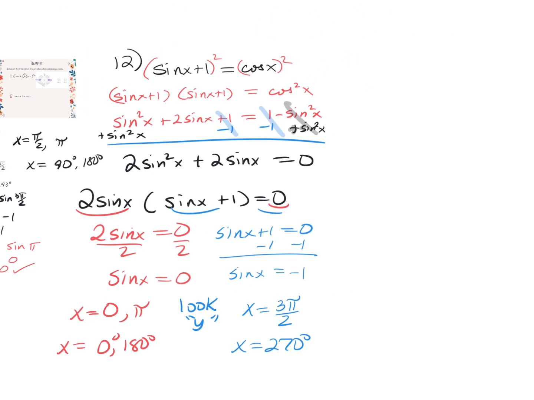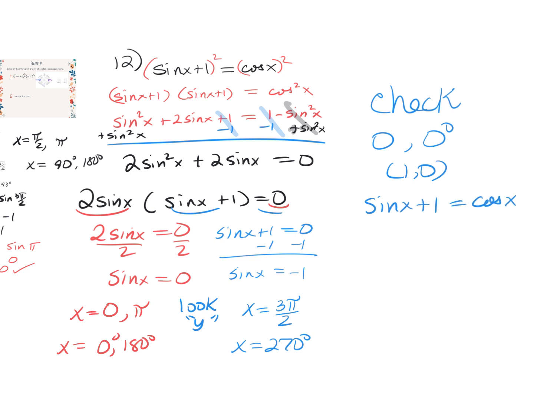So now my check, I'm going to first check the 0 degrees and the 0 radians. So remember that ordered pair is going to be (1, 0). Remember you're plugging it into the original. Sine x plus 1 equals cosine x.